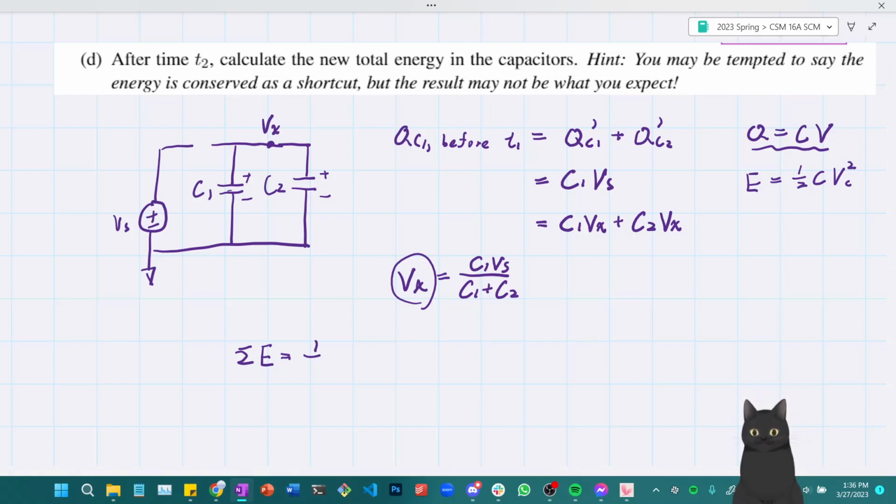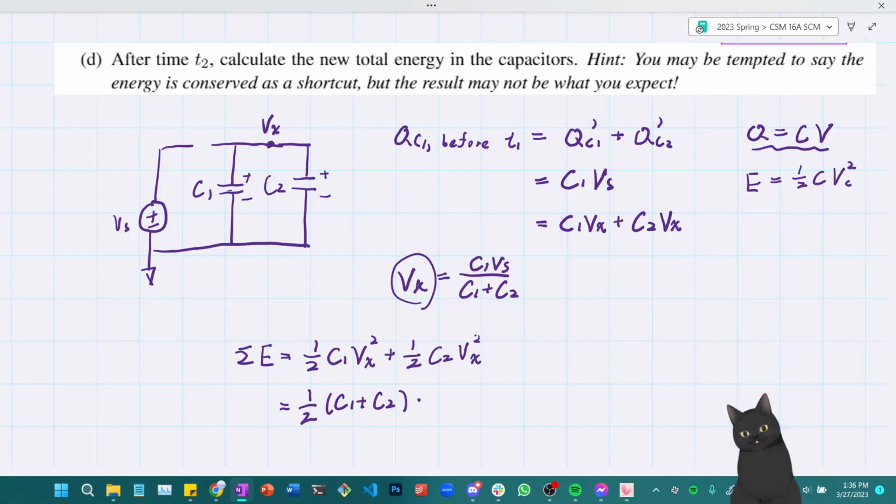So this is going to be equal to 1/2 C1 V_C, which is Vx here squared, plus 1/2 C2 Vx squared, and that is going to be equal to 1/2 times C1 plus C2 times Vx squared, so C1 plus C2 squared divided on the denominator and C1 squared Vs squared on the numerator.